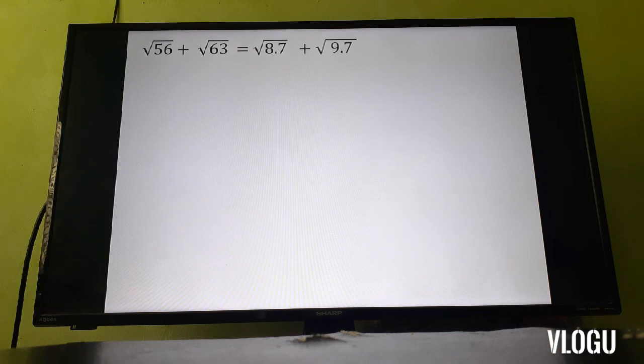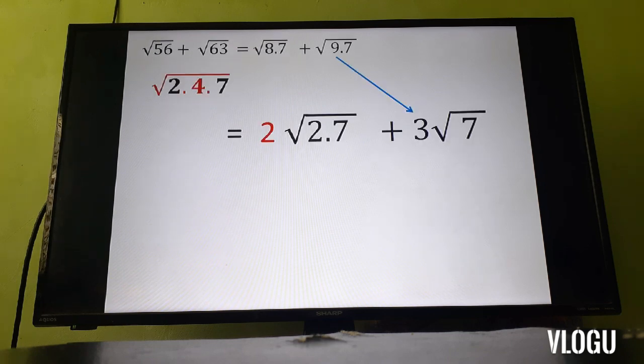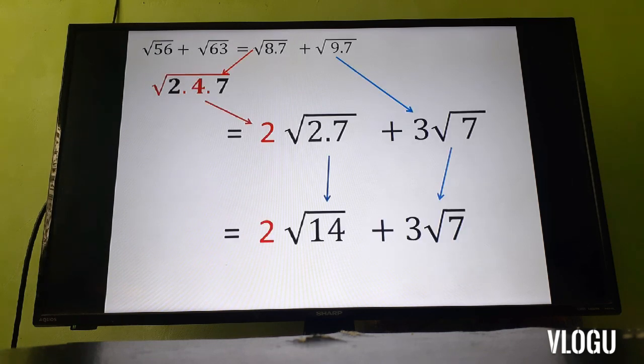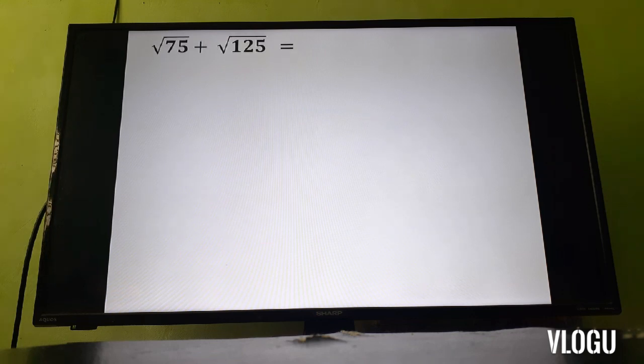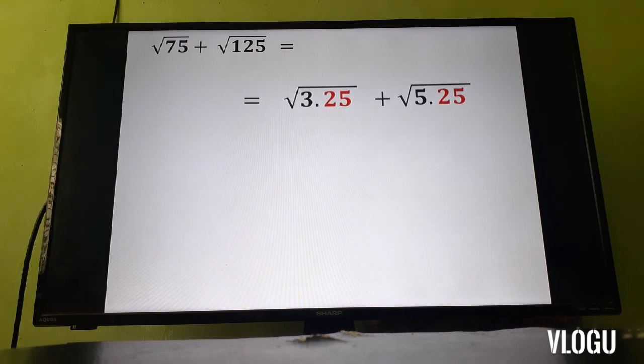Let us have example number 2. For our example number 2, I have here the square root of 75 plus the square root of 125. Tulad ng nabanggit natin kanina, unang gagawin natin is to find a number that can be factored out by 75 and 125.